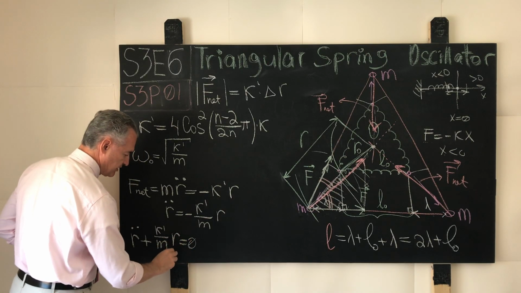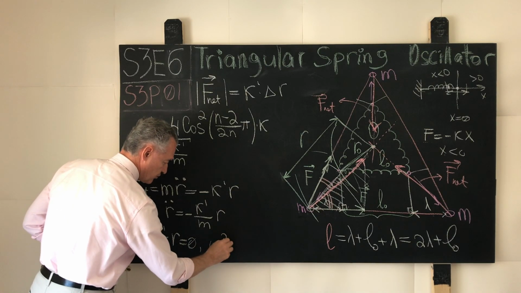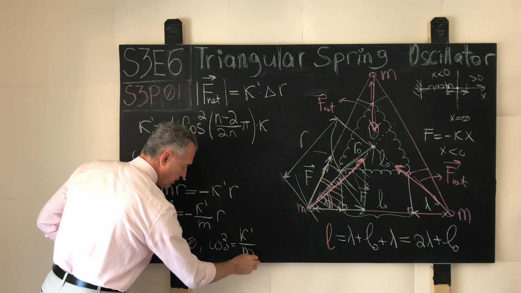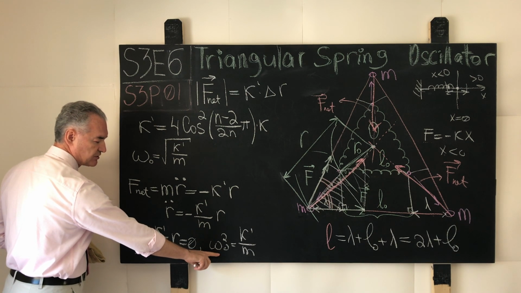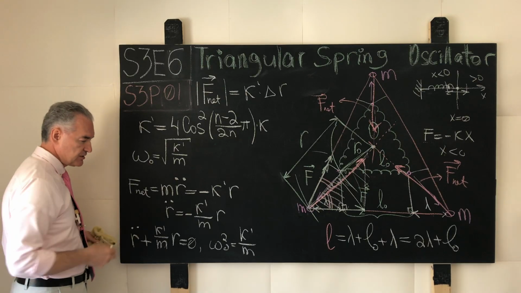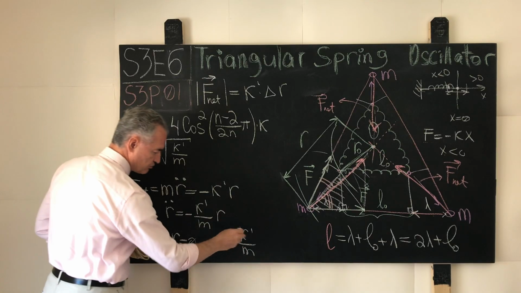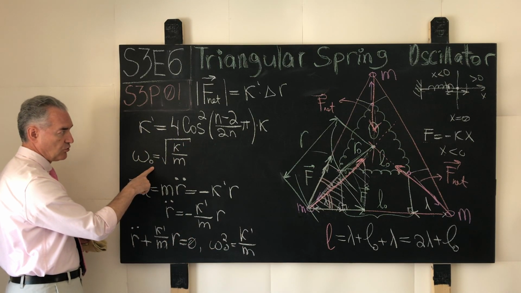And if we designate this quantity omega squared 0 as K prime over m, then in terms of real numbers, this quantity is always greater than 0 in order to have a meaningful problem. So we can take the square root of both sides and arrive at this expression over here.